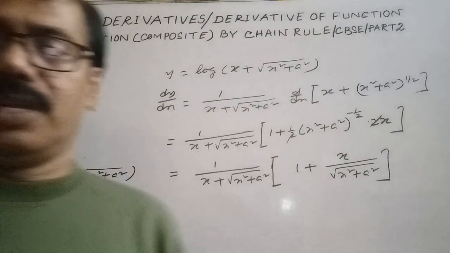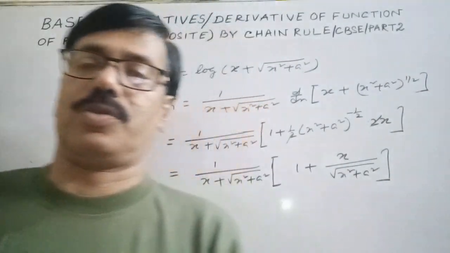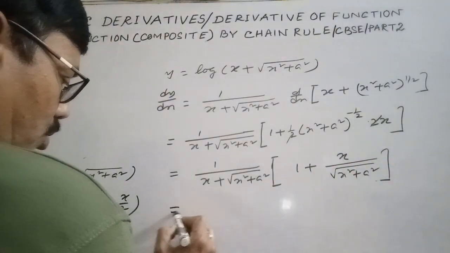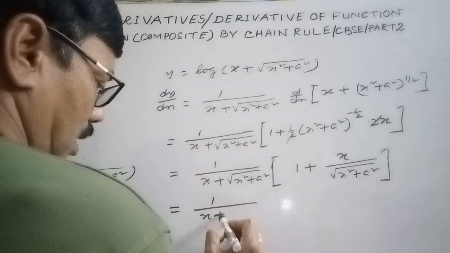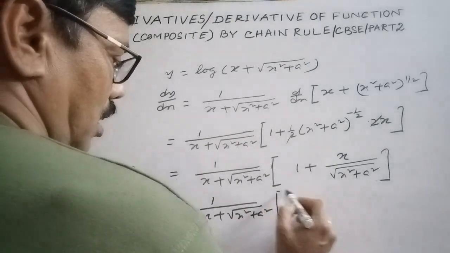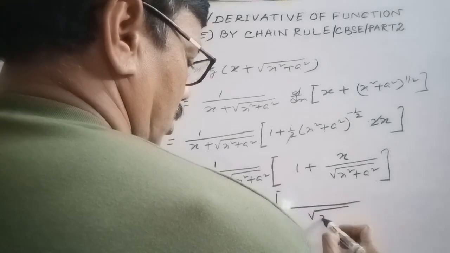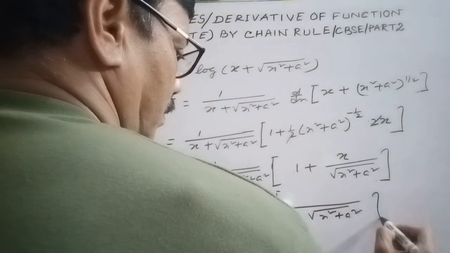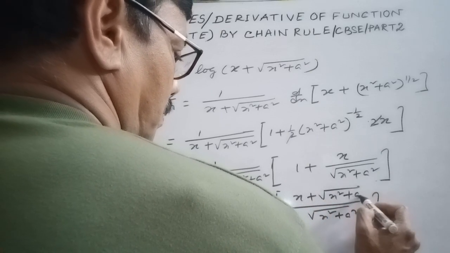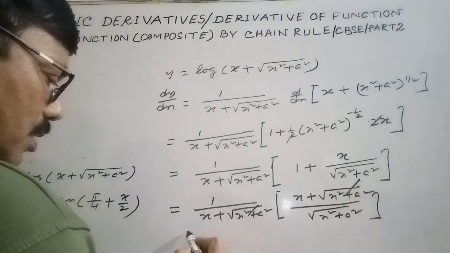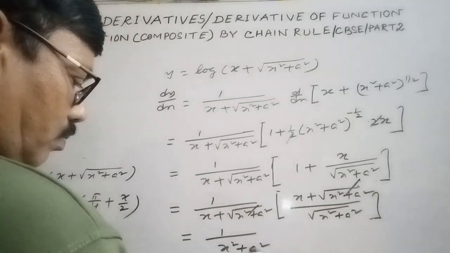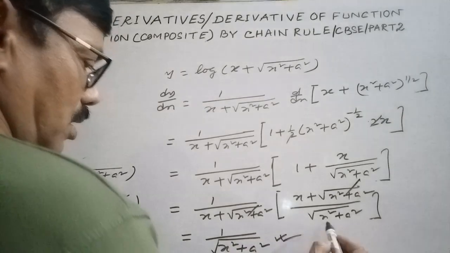Now the rule is, you have to simplify if possible. Do not leave it here. So 1 by root over x square plus a square and x plus this cancels, so 1 by root x square plus a square.